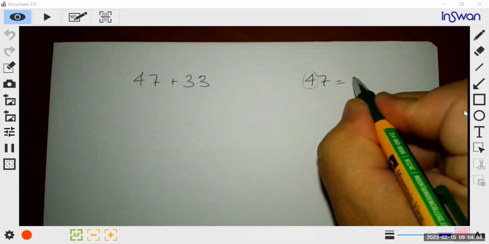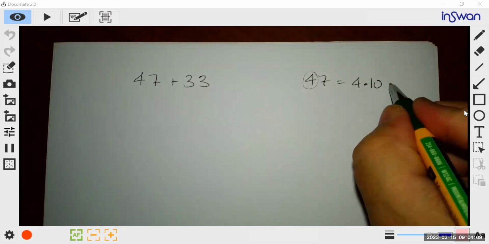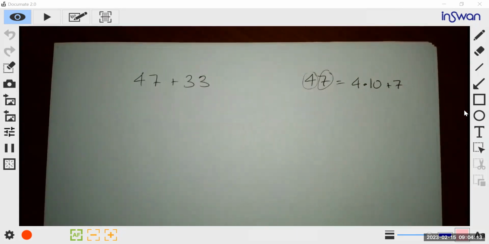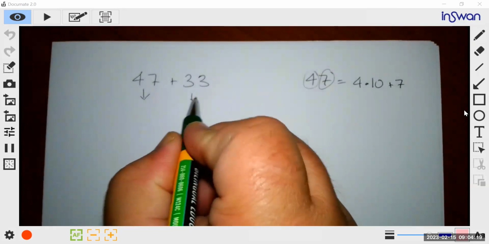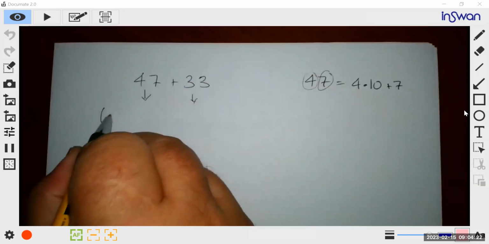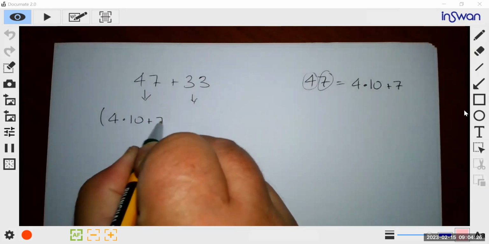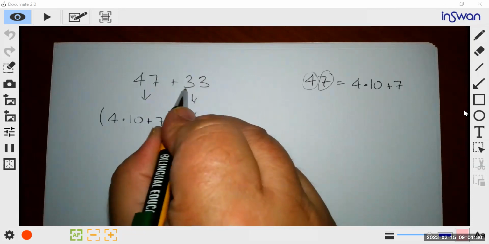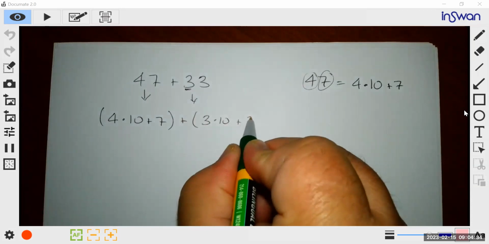This is in the tens, so we have 4 times 10. And this is in the ones, which is just 7. So let's do that to both of these. We have 4 times 10 plus 7, 3 times 10 plus 3.